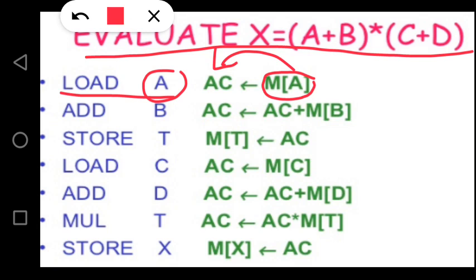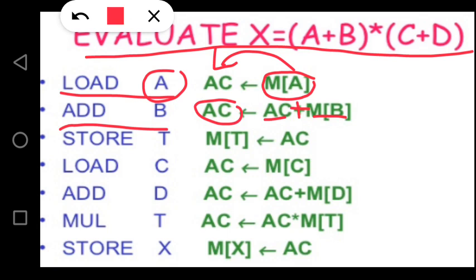Here remember we are not saying move, we are saying load. So the control unit, when it decodes the load, understands that something has to be transferred into the accumulator. Now the accumulator has the data. Simply say add B. Go to memory location B, take the AC value, perform addition, and store the result in the accumulator.